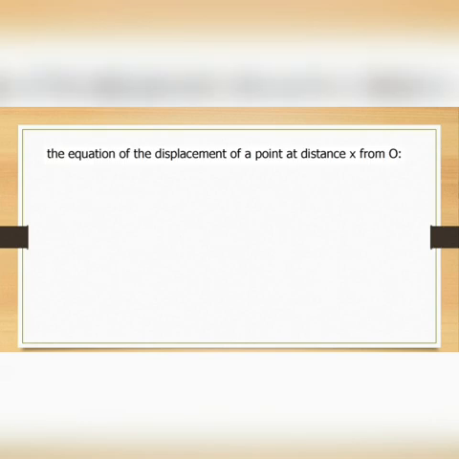So generally, the equation of the displacement of a point at distance x from O can be written down as y equals plus minus a times the sine of (omega t0 plus minus kx plus theta 0). A is the amplitude, and this plus minus sign shows us the direction of the initial oscillation of the wave. If it oscillates upwards first, then it will be given positive sign.